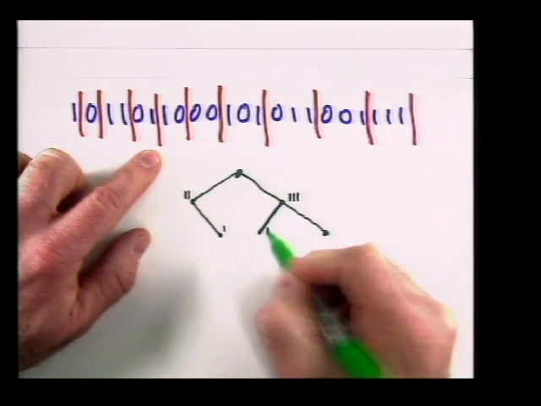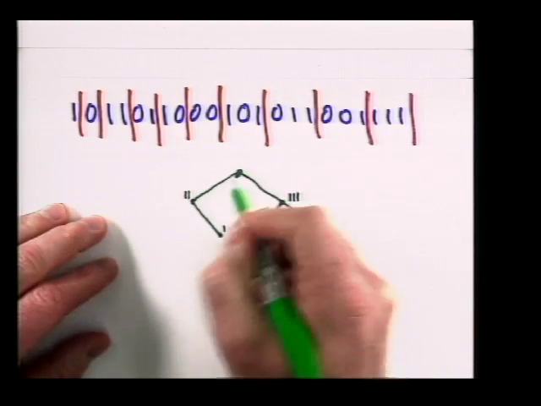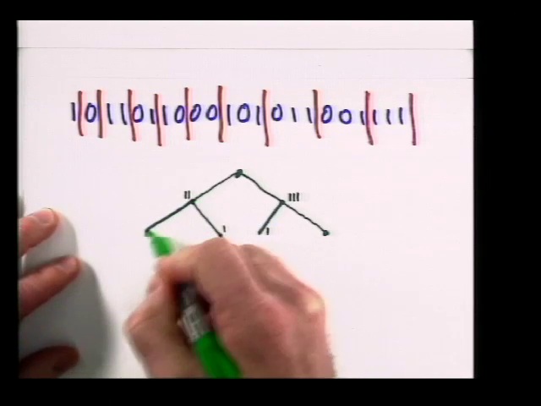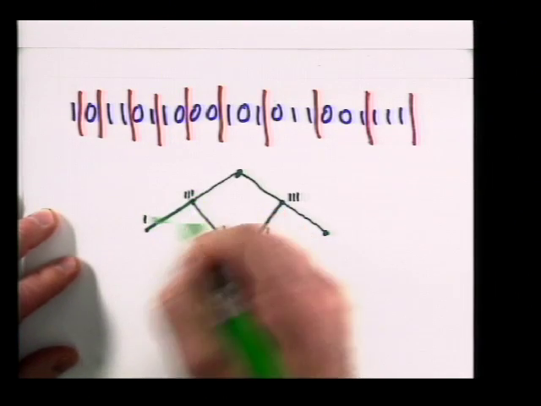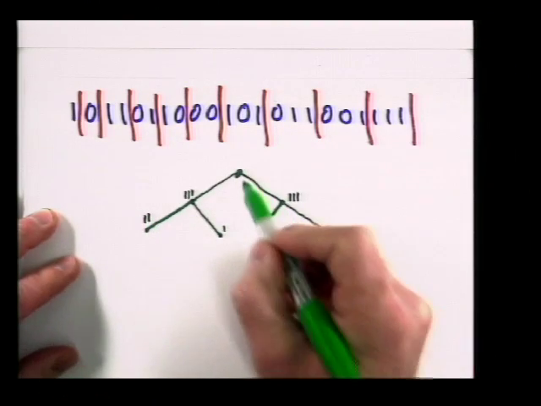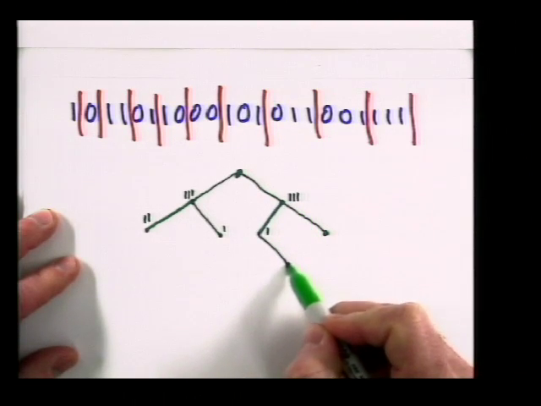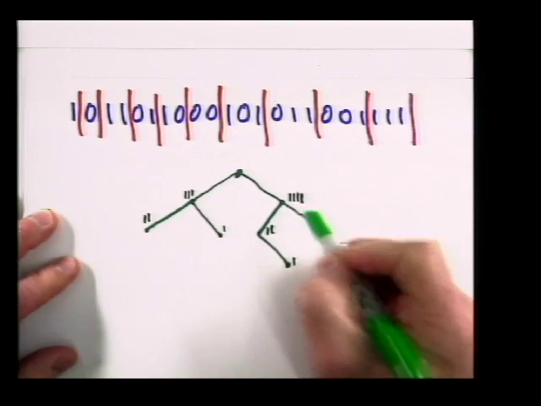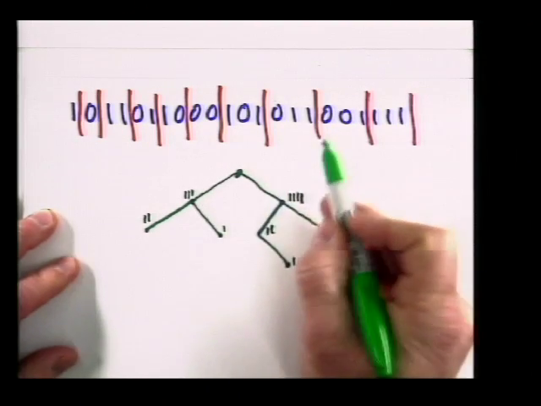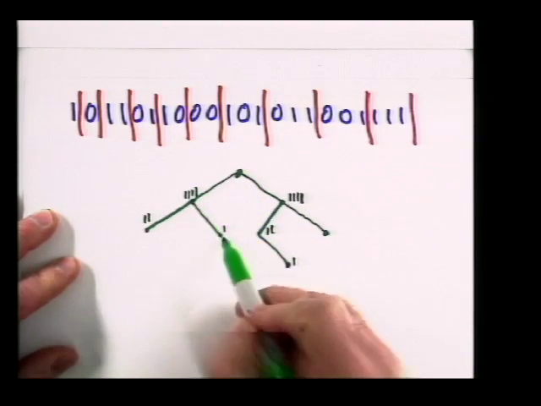0, 0 will be a visit here, and then a new node out here. A 101 is 1, 0, 1. A 0, 1, 1 is going to be 0, 1.